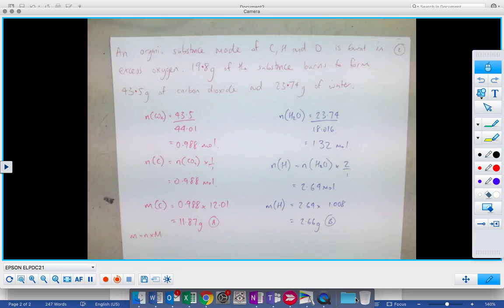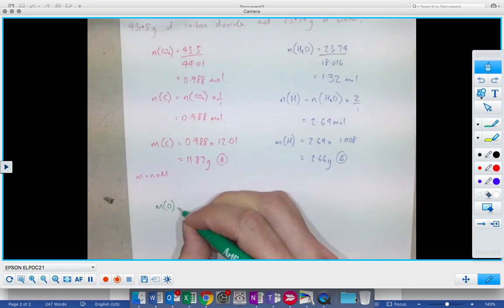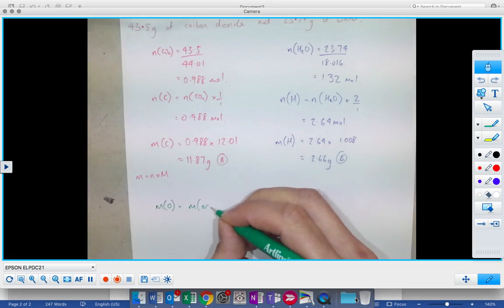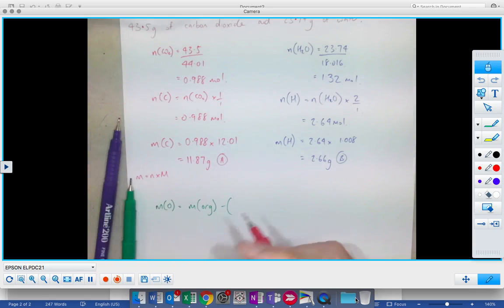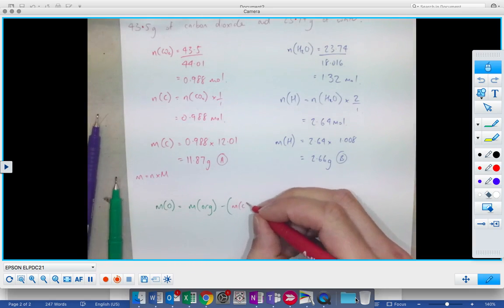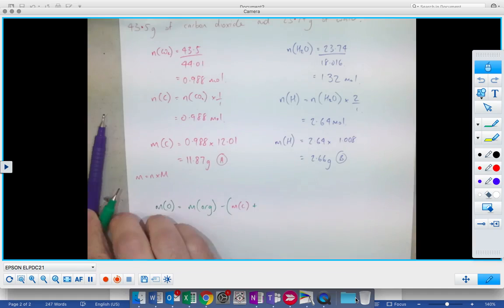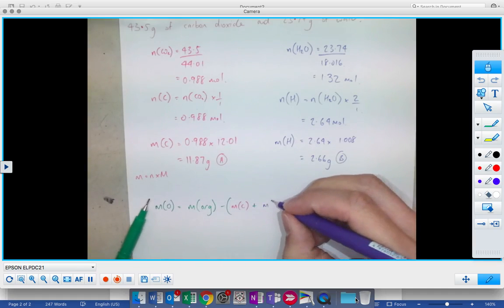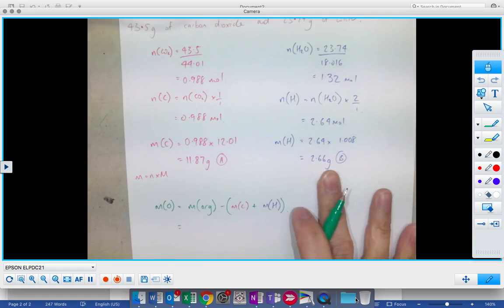Right, so now I have to work out the mass of the oxygen. The mass of the oxygen will be equal to the mass of the organic substance, subtract the mass of the carbon plus the mass of the hydrogen. So, what's the mass of the organic substance?